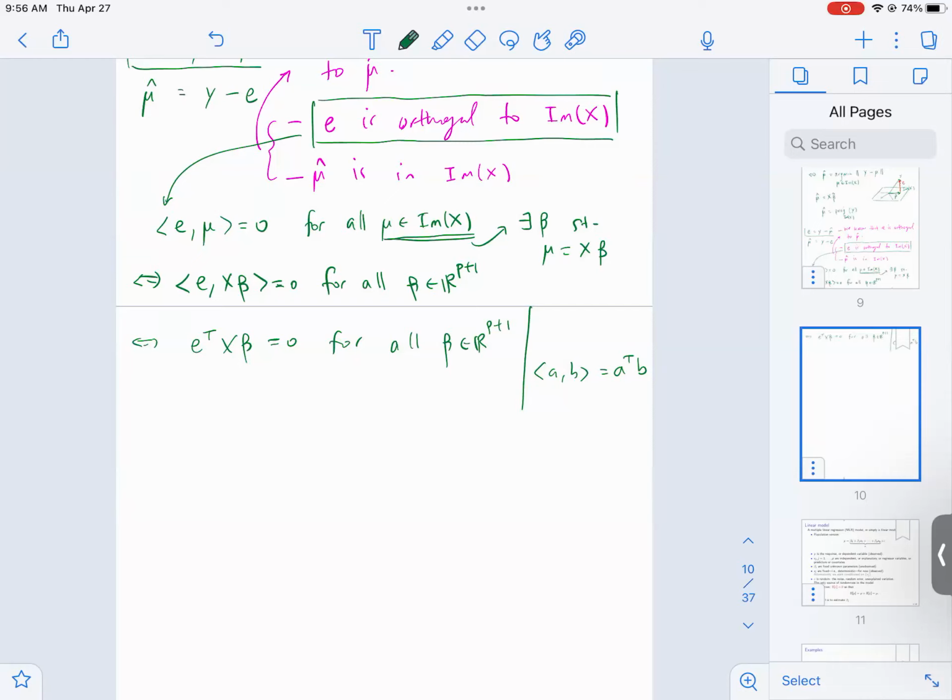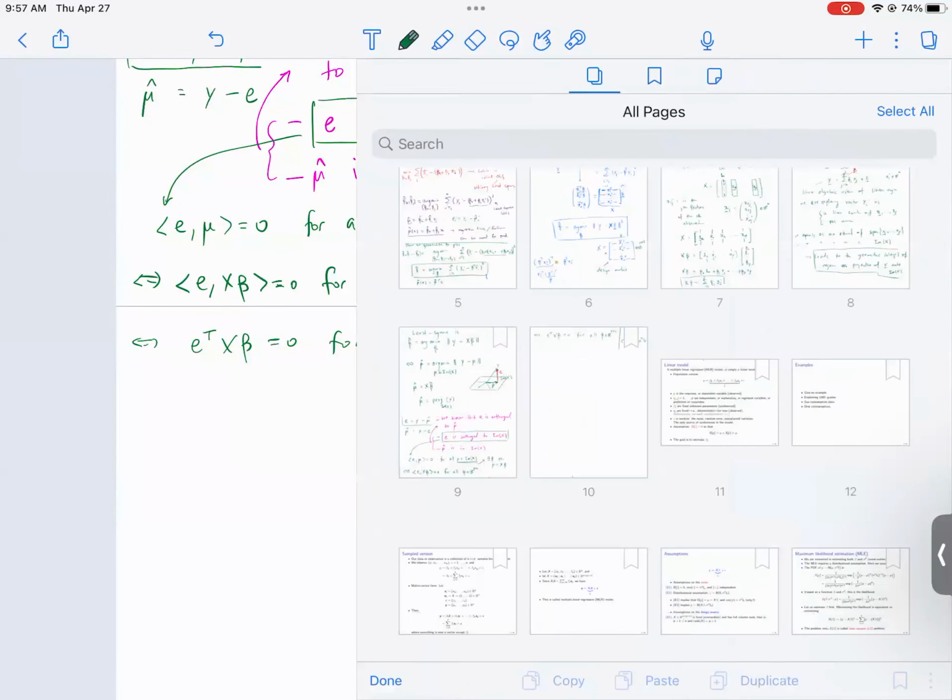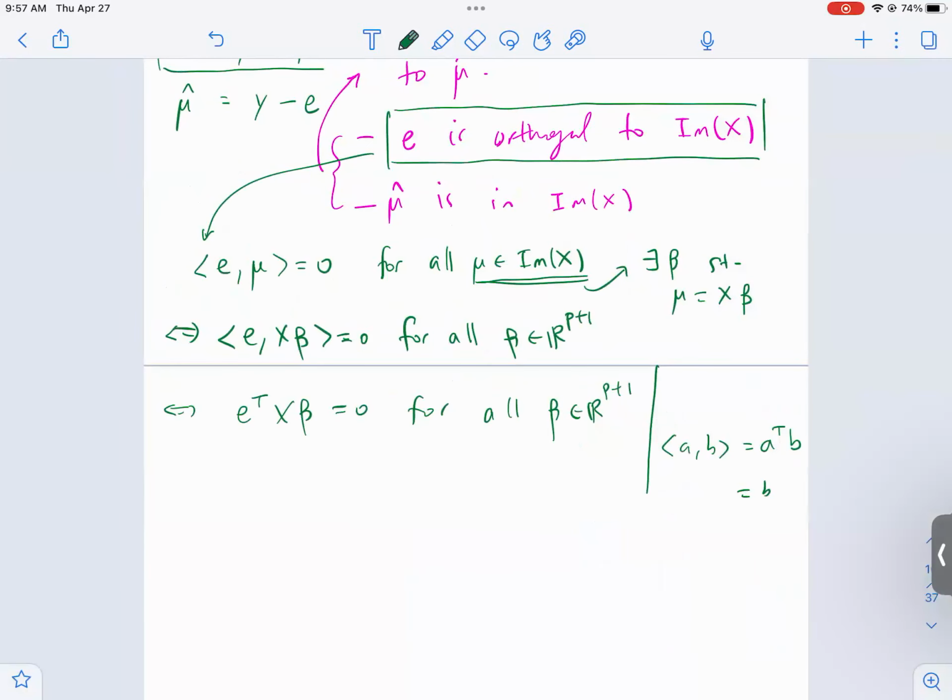Now let's transpose both sides. This is also equivalent to B transpose A, because of the symmetry. So instead of this, I'm going to write X beta transpose E. This is the other way around.